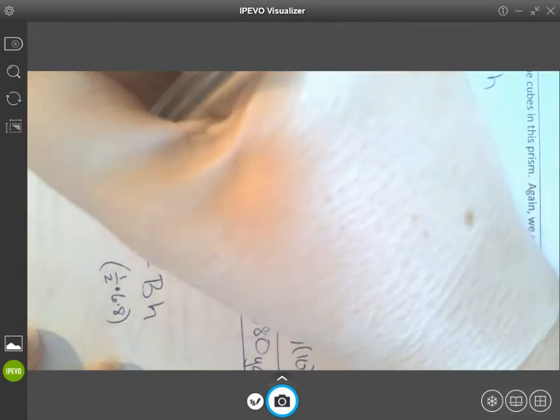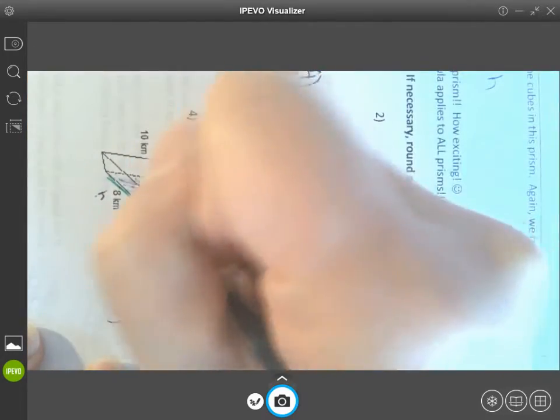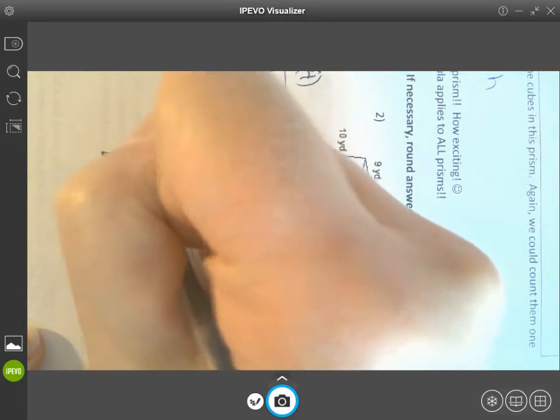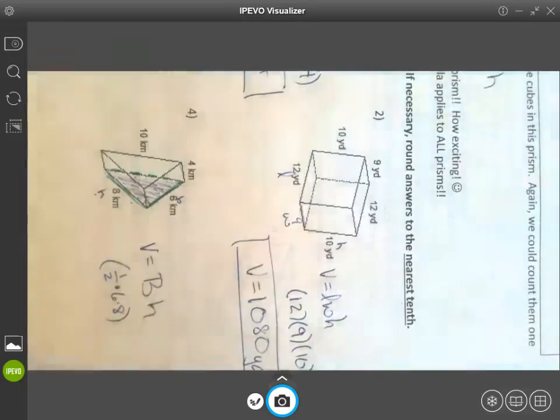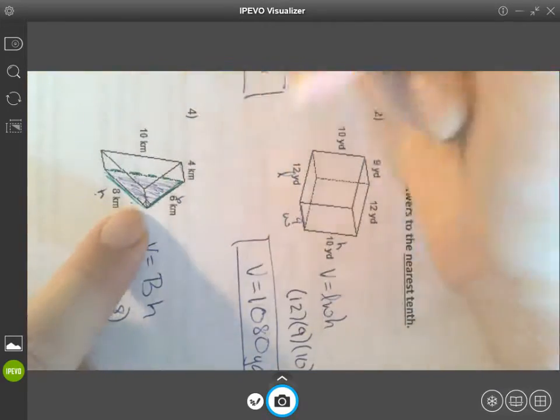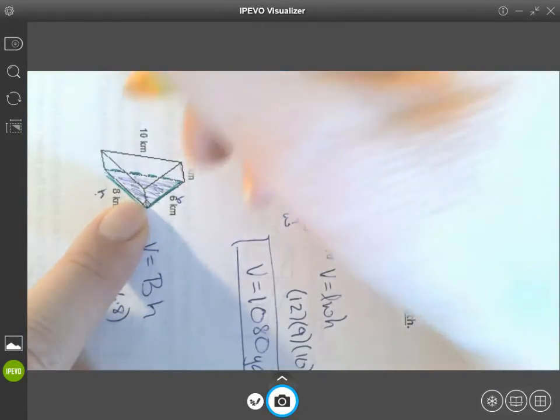Here's your base in green. See it? We can't see this side. It's underneath. And then the top of the triangle. If you're laying it down on this triangle, yeah, I see it.